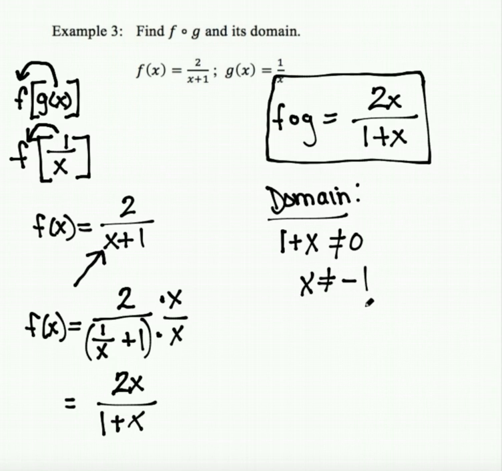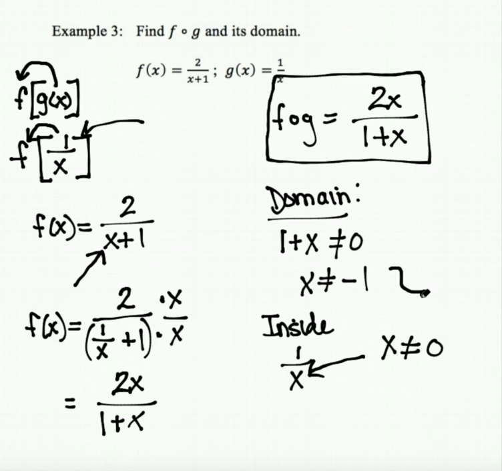If it's negative 1, then it's undefined. But then remember, we also have to look at the inside function. Going back up here, the inside function is 1 over x. And remember, I have another restriction. The denominator cannot equal 0. So I say x cannot equal 0.